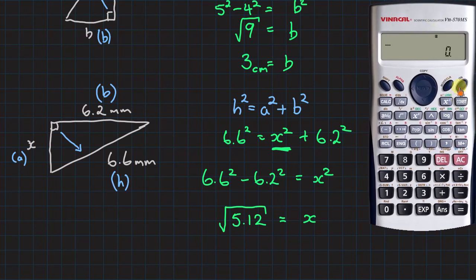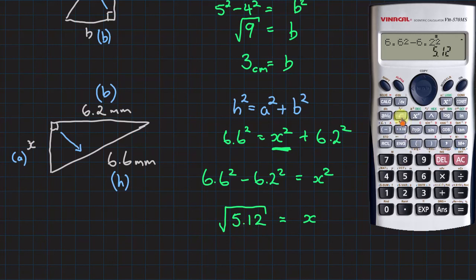So I'll show you on here. We want to do 6.6 squared and subtract 6.2 squared. Oh, didn't get the 6.2 in. That gives me an answer of 5.12.